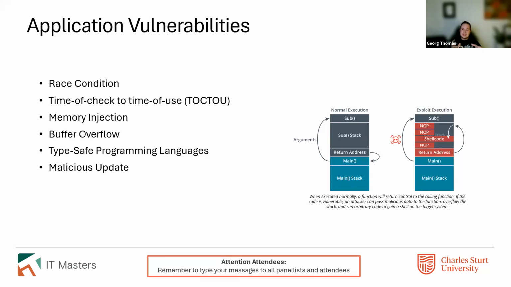But race conditions, it's basically a type of software vulnerability or application vulnerability that happens when a program is dependent on a sequence of timing and events. So if an application has to do things in a specific order, and a threat actor can manipulate that order, that is taking advantage of a race condition.